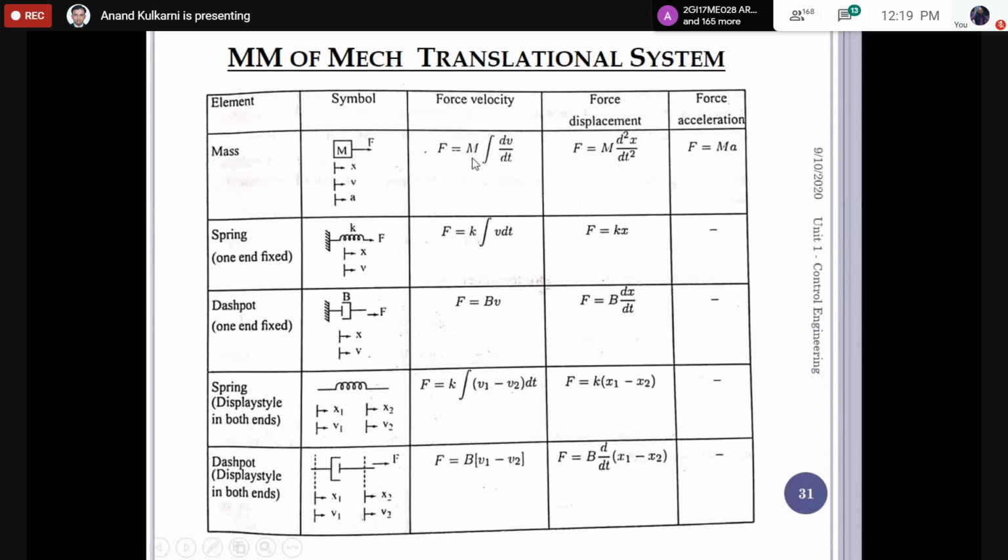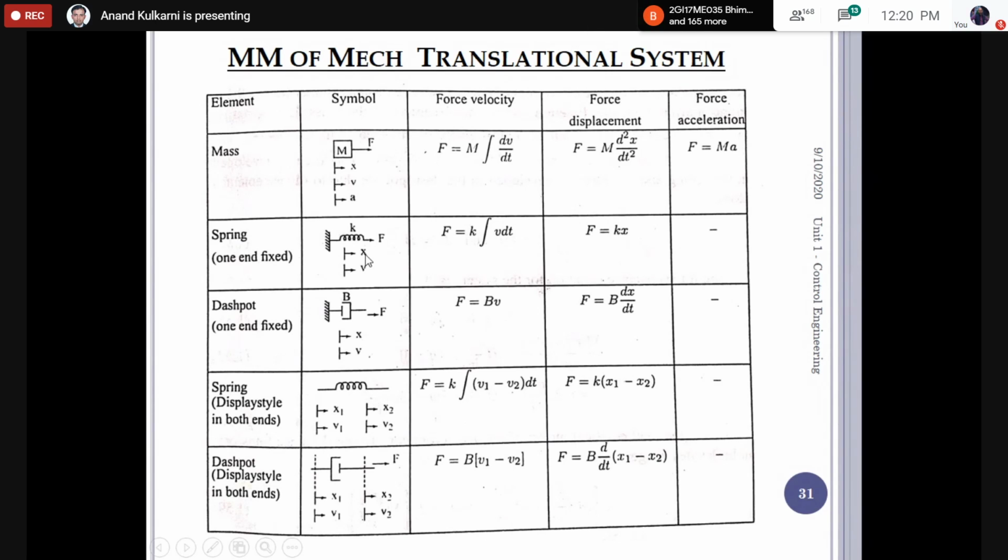Force is equal to mass into acceleration. Acceleration is the differentiation dv by dt, the rate of change of velocity. This integration sign is wrong. In terms of displacement, it is m into d square x by dt square. In terms of acceleration, m into a. This is how it has to be written.